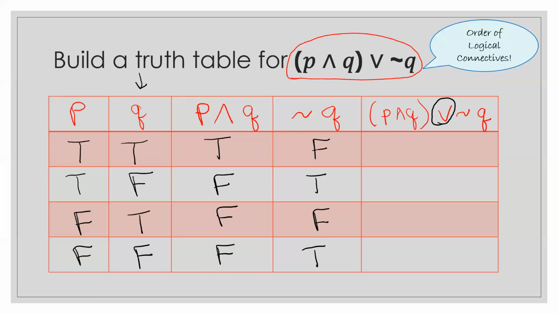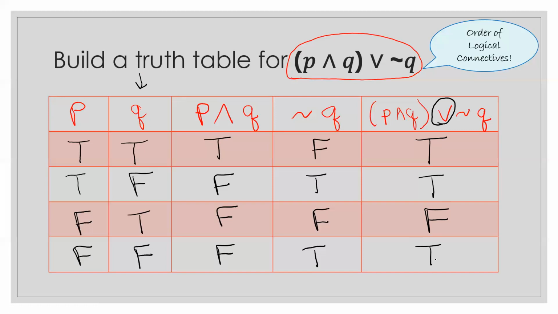So true or false is true. False or true is true. False or false, we would say that is false. False or true is true. And that's it. And that's how you build a truth table for a compound statement.